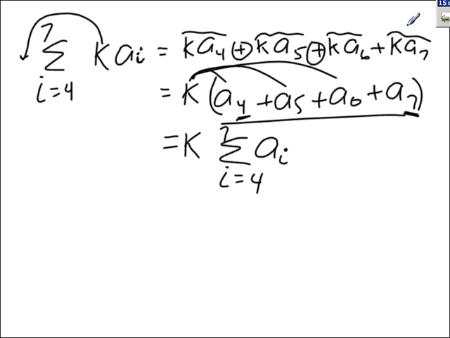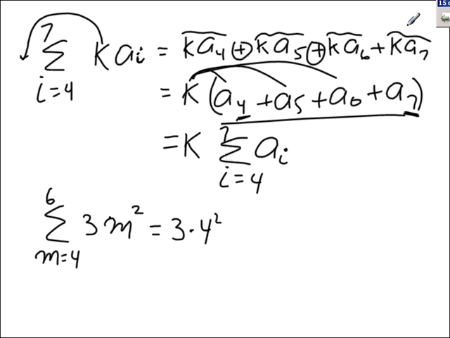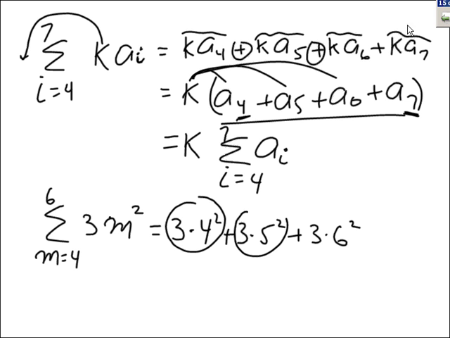For example, if somebody asks you what's the summation of 3 times n squared as m goes from 4 to 6, rather than doing 3 times 4 squared plus 3 times 5 squared plus 3 times 6 squared, you're going to get bigger numbers in each of these terms because you're multiplying by 3.